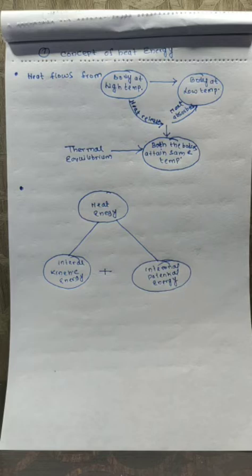Fine. Now, let us say that we have not imparted any amount of heat to two substances, a piece of wood in my right hand and a piece of iron in my left hand. I have not imparted any amount of heat. They both were at room temperature. Now what do you feel?